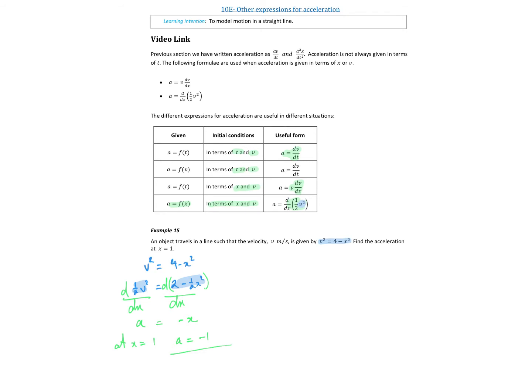I've got d/dx of a half v squared on the left-hand side. By definition, that's equal to the acceleration. And the derivative of 2 minus a half x squared is just negative x. So there's my acceleration in terms of x. Then obviously at x equal to 1, my acceleration is negative 1. We probably should put in a meters per second squared there to finish that off.